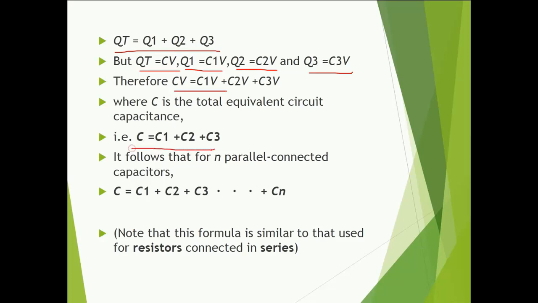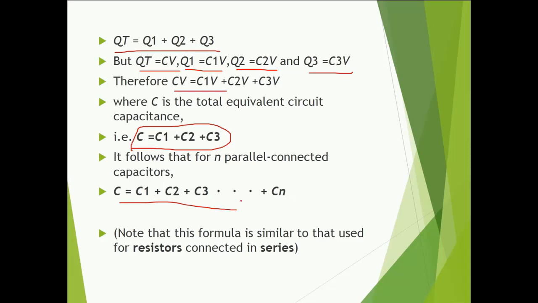That means C, the equivalent capacitance of a parallel circuit, is nothing but the sum, the addition of all the capacitors connected in parallel with each other. Now you can see for n capacitors we have C is equal to C1 plus C2 plus C3 and so on up to Cn.